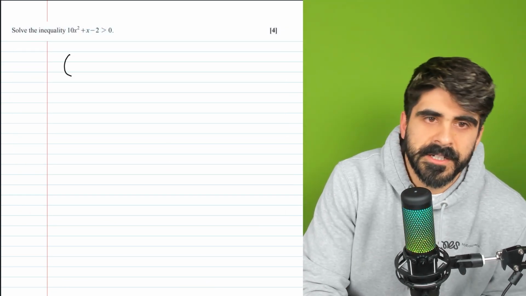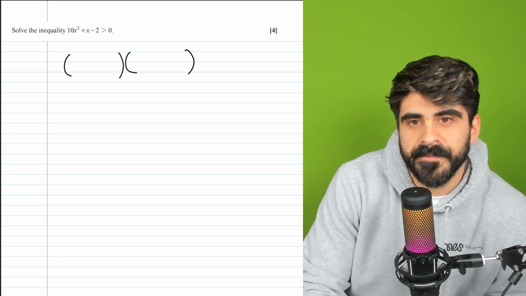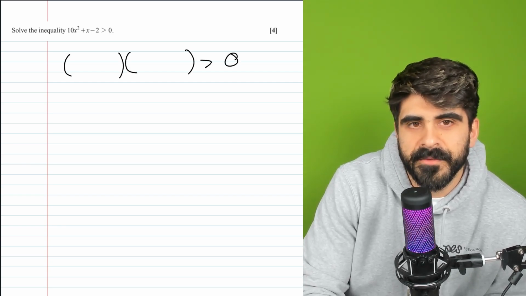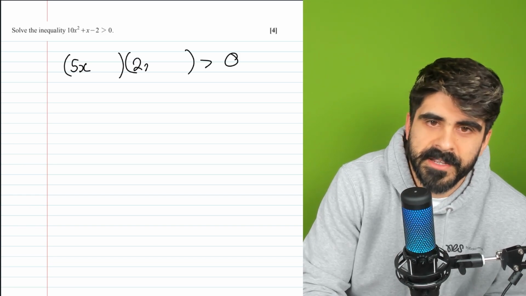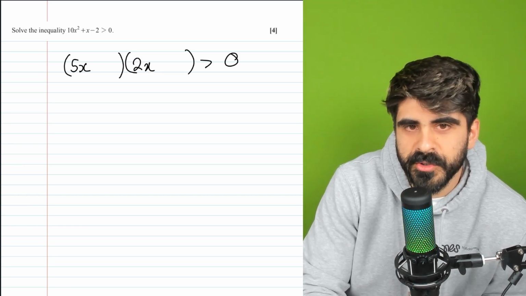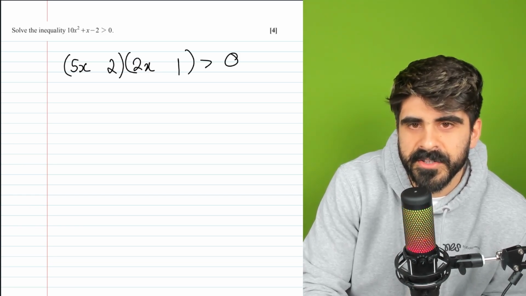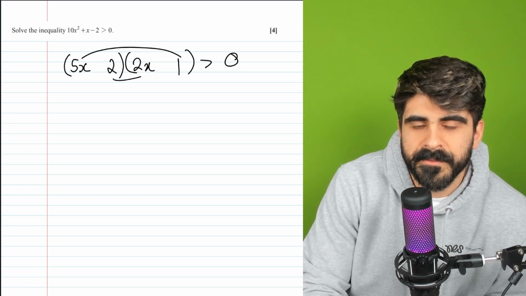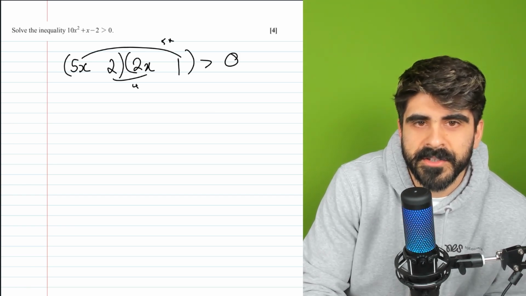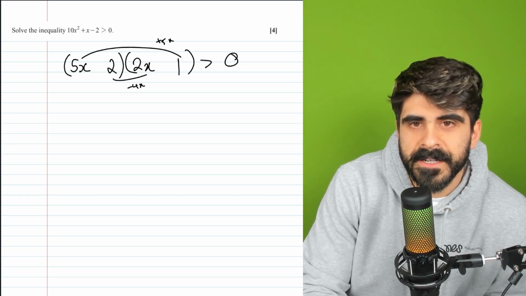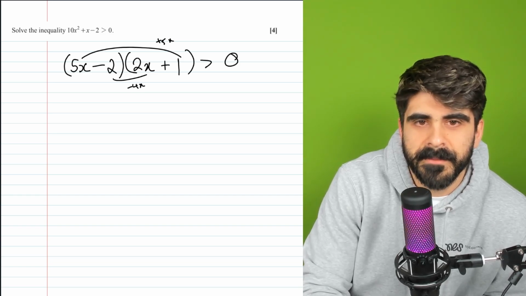Alright, so when it comes to factorizing, I have 5x and 2x, 2 and 1. Now the 2 can't go in the second bracket, it's going to have to be like this. Now we do OI. So 5x, 4x. That can make plus x, 5 minus 4. So that's going to have to be plus and minus.